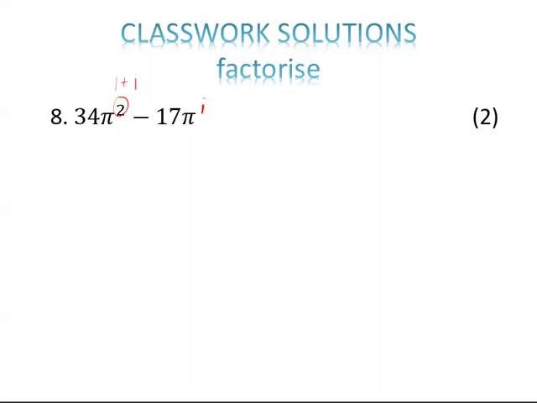So 1 will be the highest common exponent. So we will simply take π to the exponent of 1 as the highest common exponent. What are we going to be left with in the first term when we take out 17π? So we know that our common factor will be 17π.